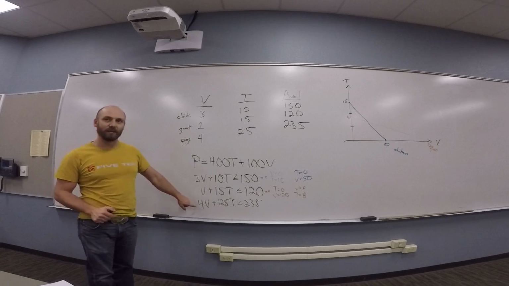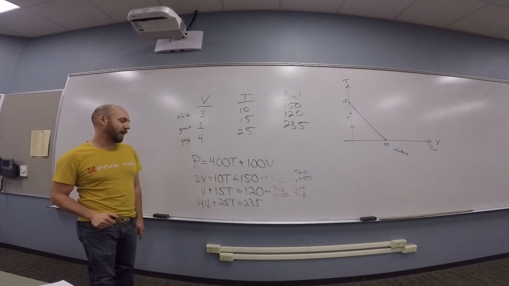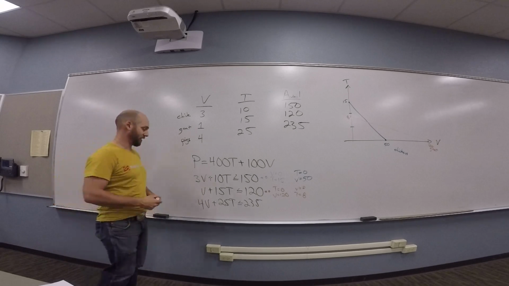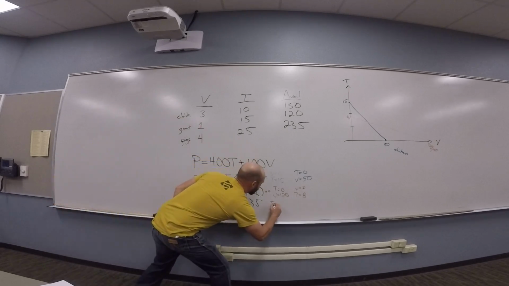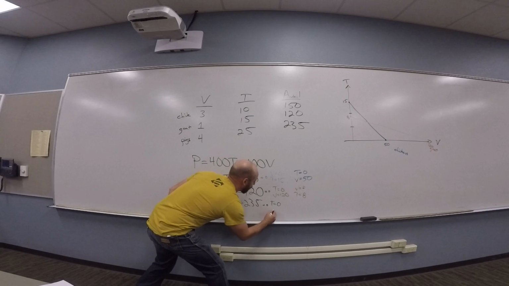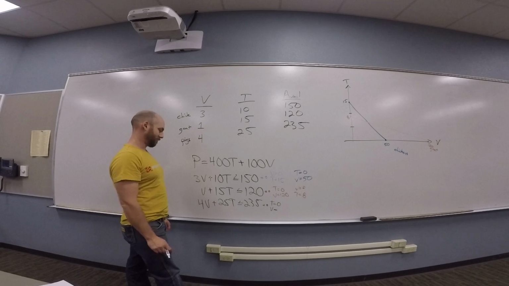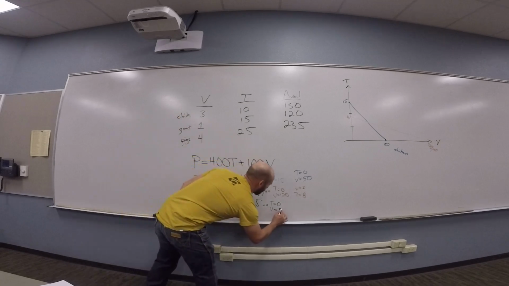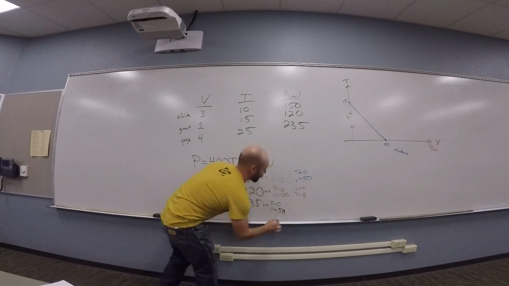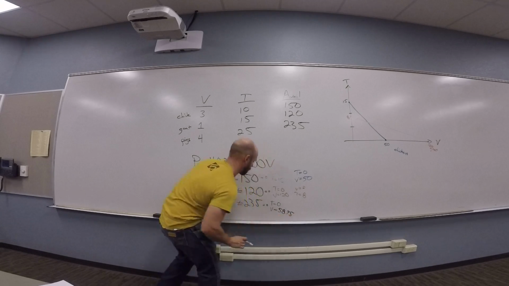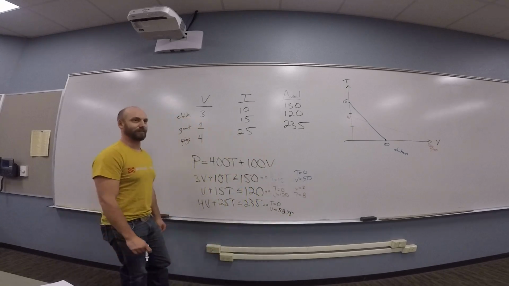Pig line. 235. So 235 divided by 4 is like 57 and a half. So that's when T is 0. It's 58 something. 58.75.